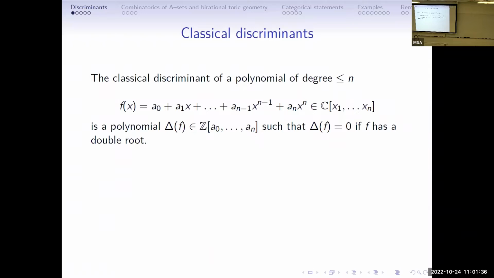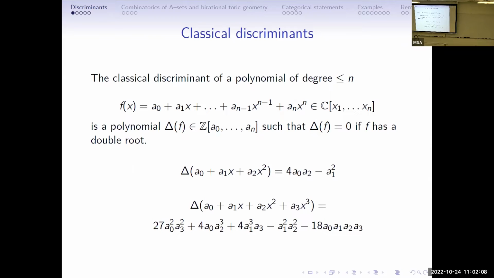So this classical notion of discriminant: you start with a polynomial of degree n, and the discriminant is classically defined. I think the name goes back to Sylvester, I believe. I looked it up 2 days ago. It is a polynomial in the coefficients such that it is 0 if f has a double root.